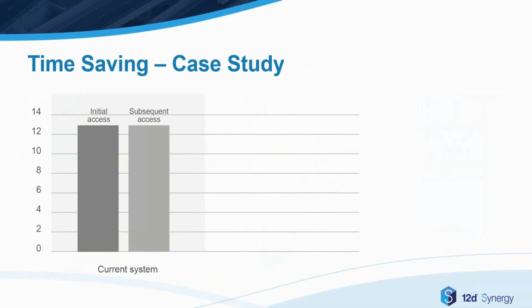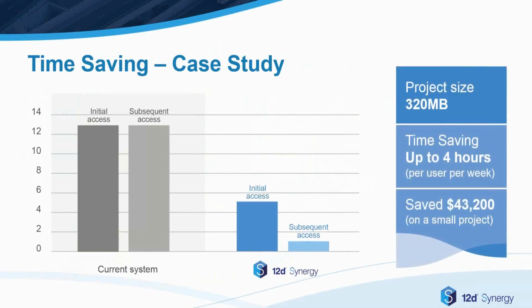So it was 4 hours a week, a certain number of users, a certain number of weeks, and they calculated it ended up being $43,200 at the end of the project. Again, it's a great saving for something that we're probably used to seeing, used to waiting and sitting around for, but sometimes I think we find it surprising how much time we actually chew up just waiting for things to open. So it's another great example.